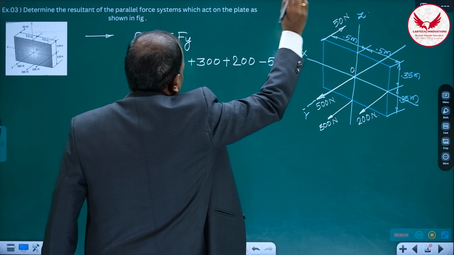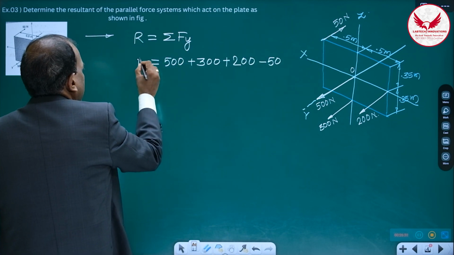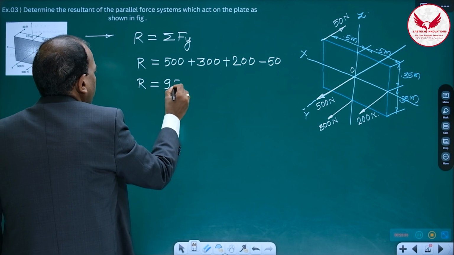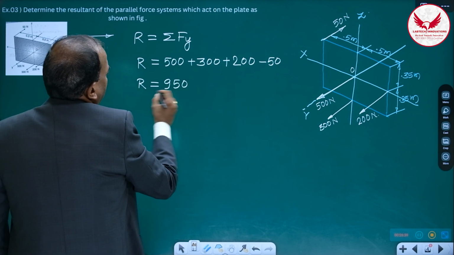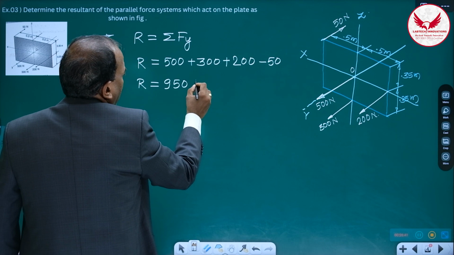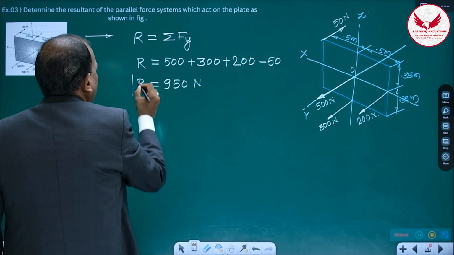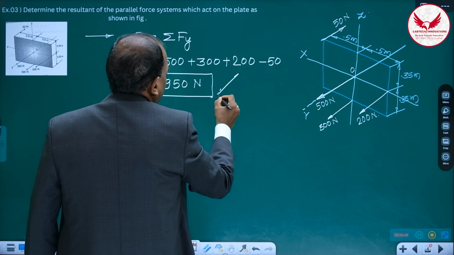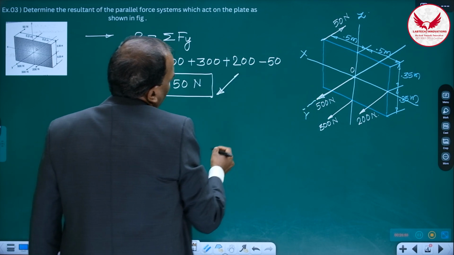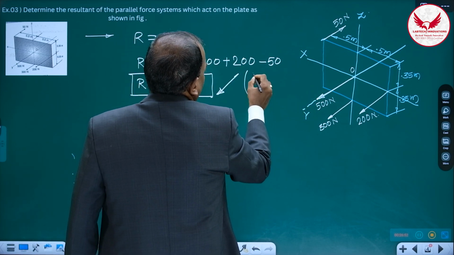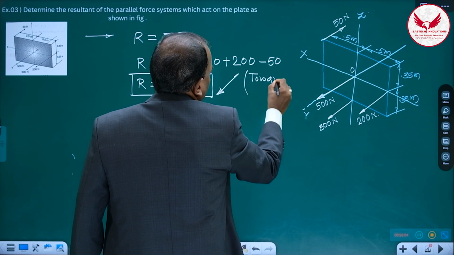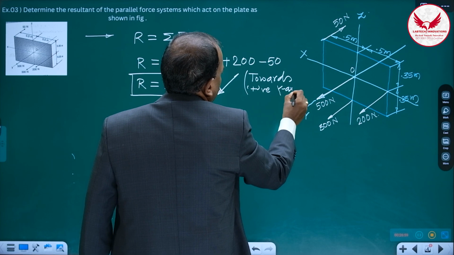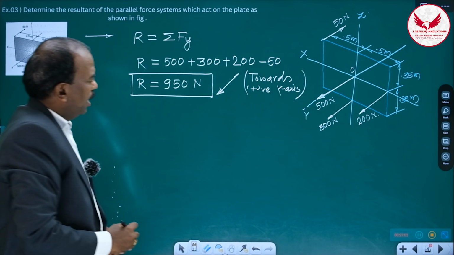So this is opposite and hence R is going to be 950 and its magnitude is going to be 950 Newton and its direction will be positive, so it is towards positive y direction or towards positive y-axis. This is the direction. You can write like this.